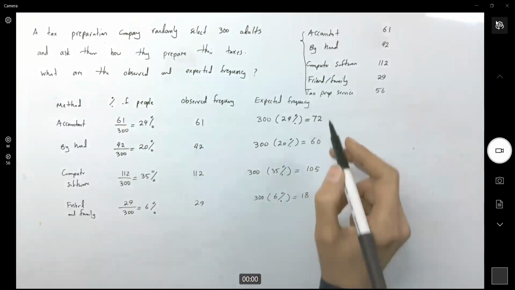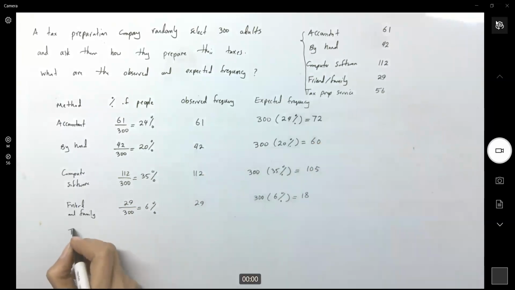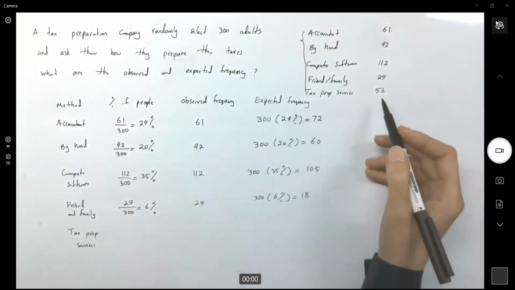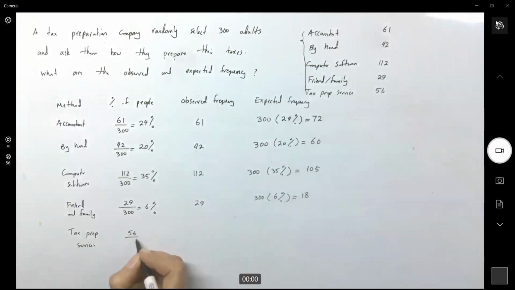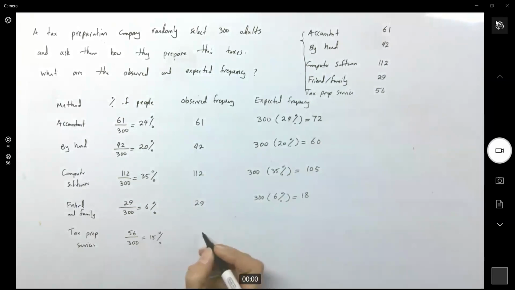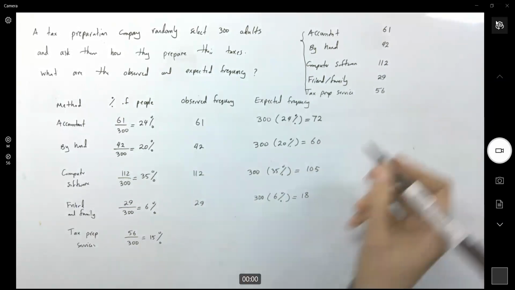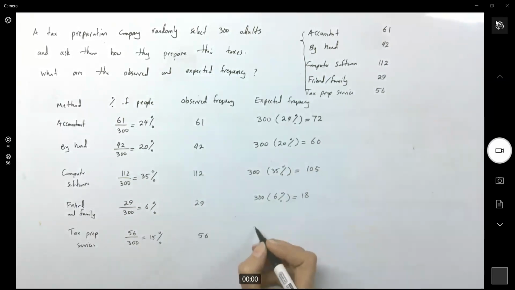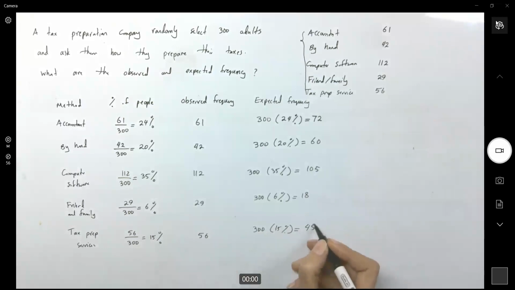And finally, the last category, tax preparation company. We have 56 out of 300, which is equal to 15%. The observed is 56, and the expected is 300 times 15%, which is equal to 45.